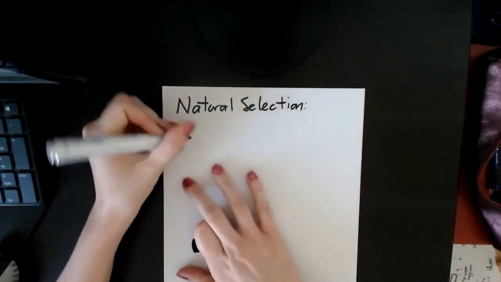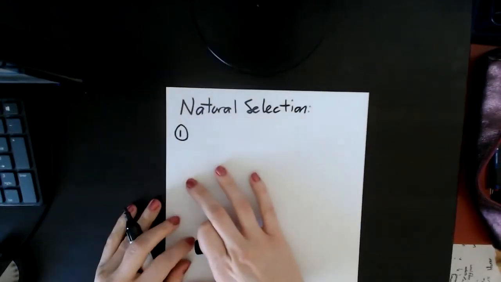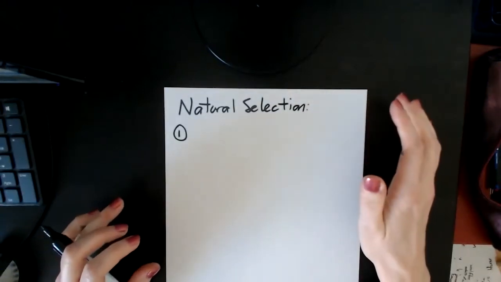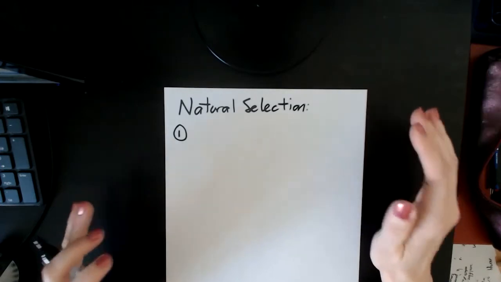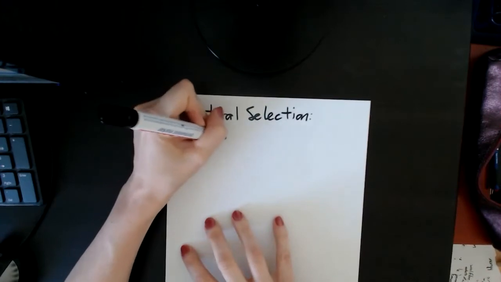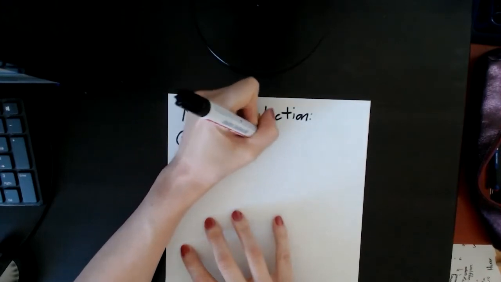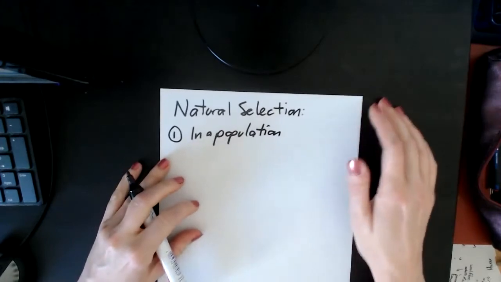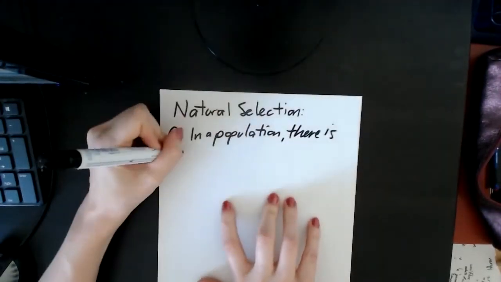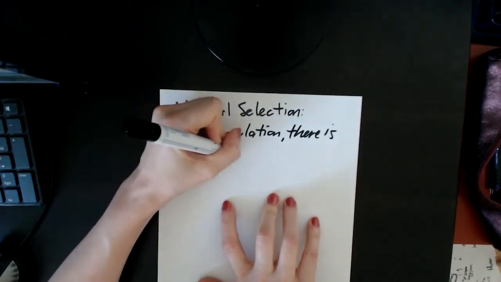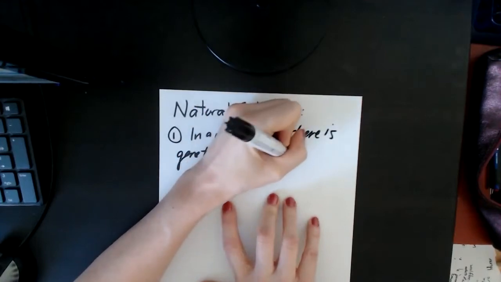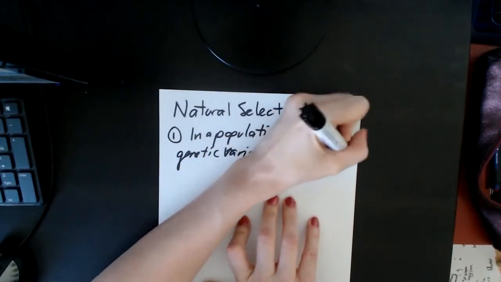The first part of any question about natural selection is the idea that in all populations, there are random mutations that lead to genetic variation. So in a population, whether that's bacteria, animals, humans, fungus, whatever, there's always going to be some genetic variation due to random mutations.